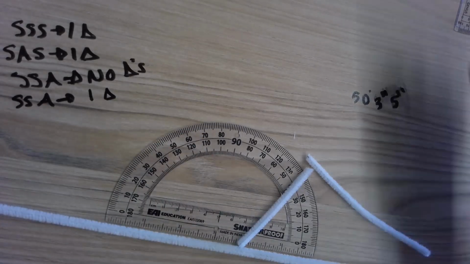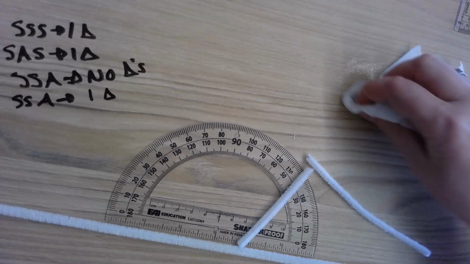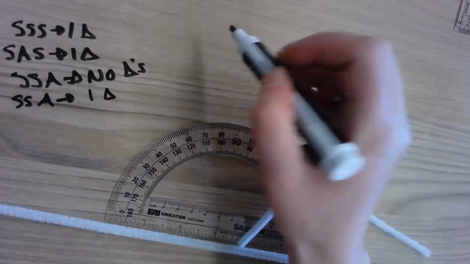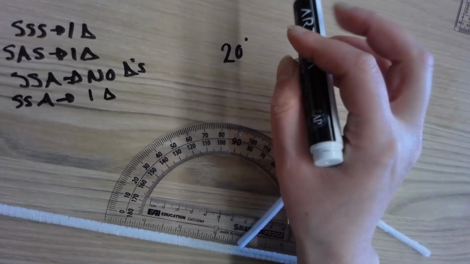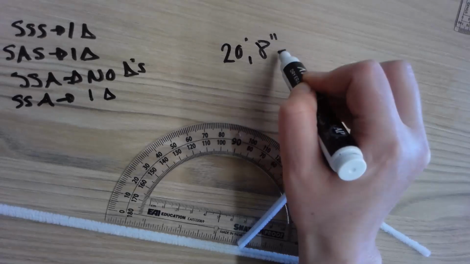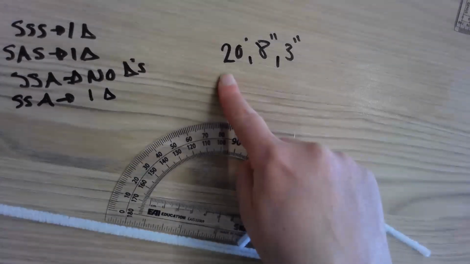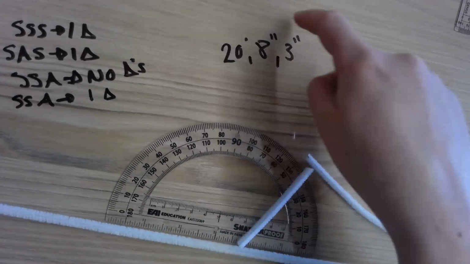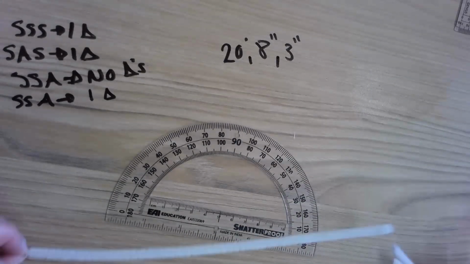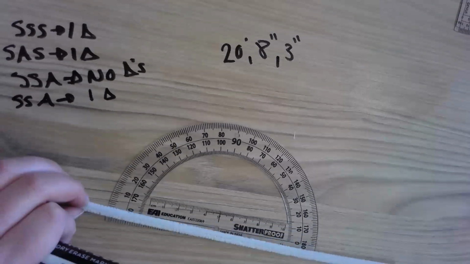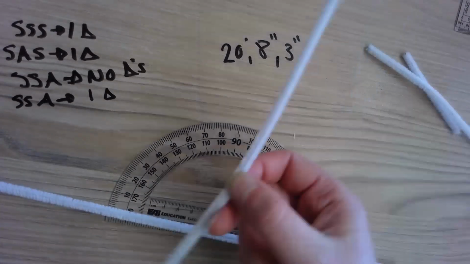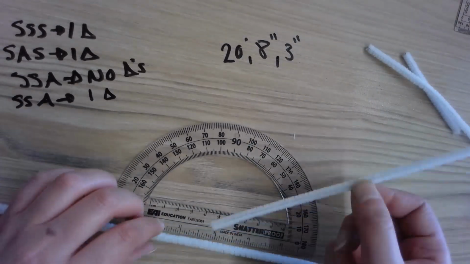Okay, so then let's adjust this one more time. Let's do a 20-degree angle, 8 inches, and then 3 inches. So again, the only stipulation is I have 20 degrees, and after the 20 degrees are my 2 side lengths. So again, I'm going to grab my trusty 8-inch.